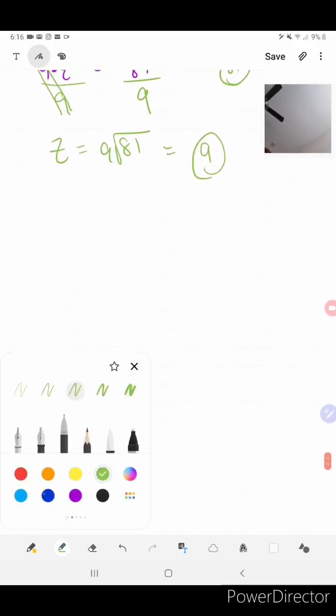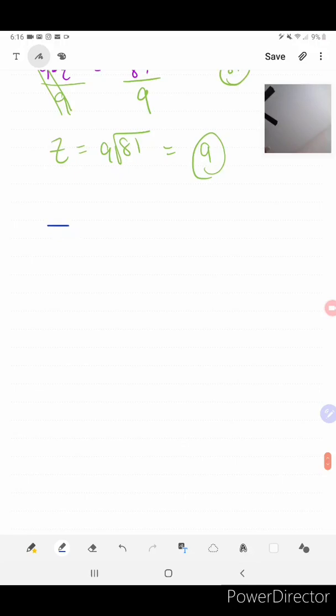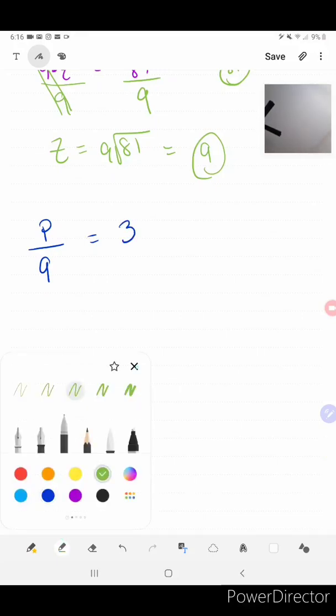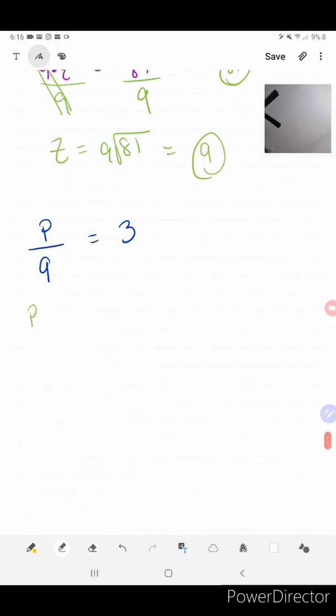And last but not least, division. So if we have p over 9 equals 3. So this means p divided by 9 equals 3. So what is the opposite sign?